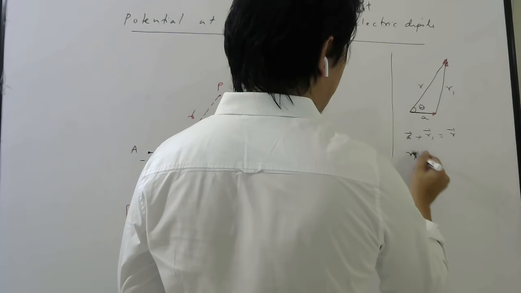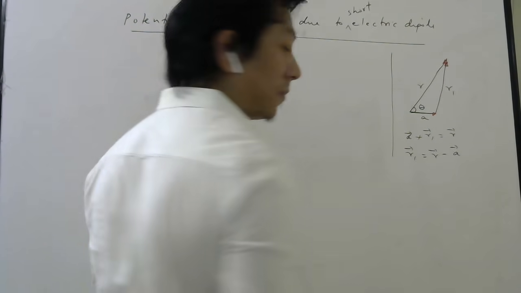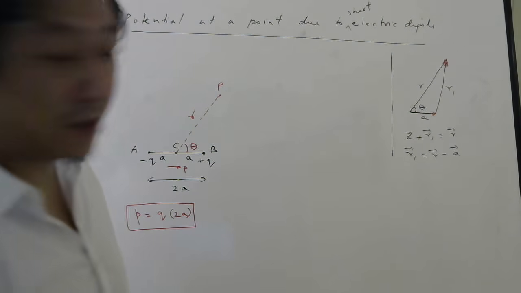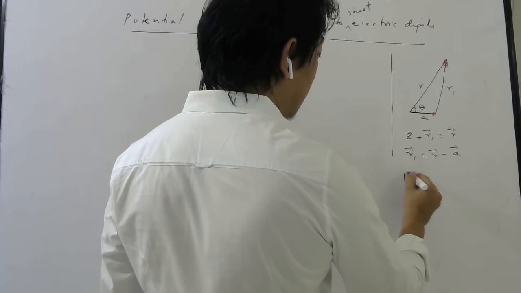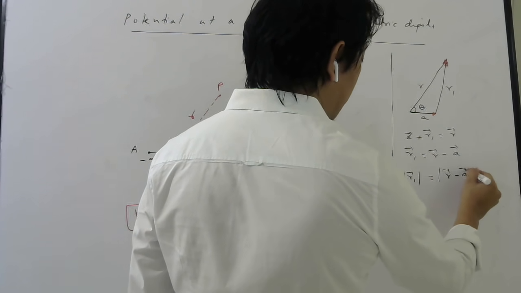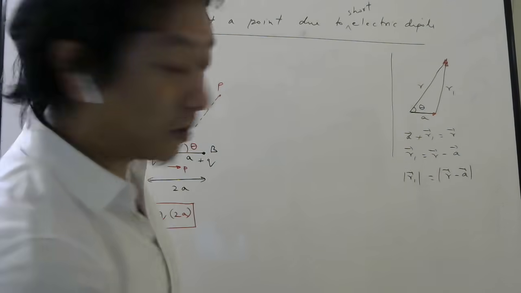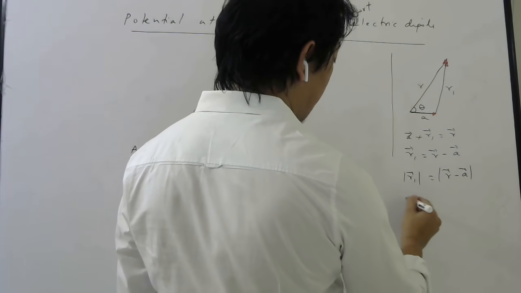So R1 bar will be R bar minus A bar. So it is the difference of two vectors. Now if you want this length, length means magnitude, so you have to take the modulus of the difference of two vectors. This is the magnitude of this vector, so it will be R1.